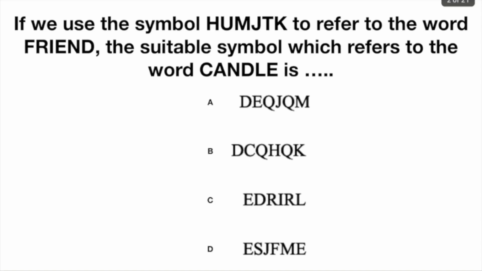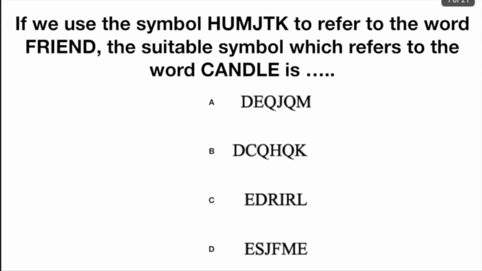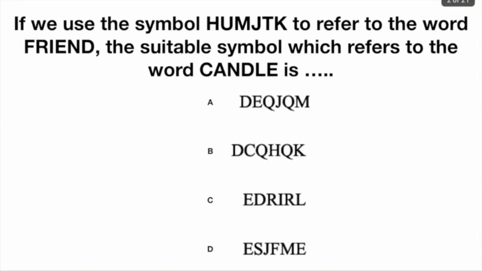So we can simply organize the question head like this. I have friend.